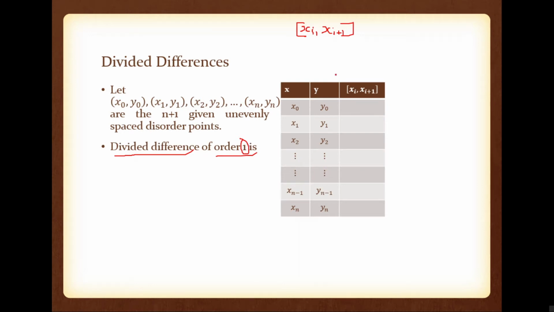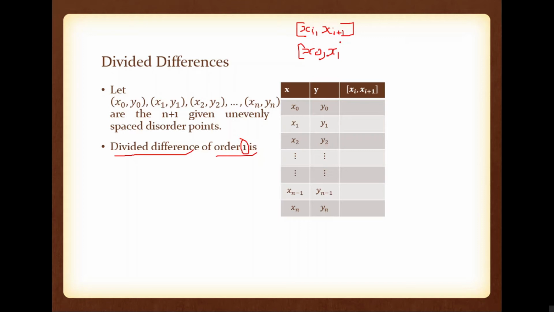So first we are going to discuss the first order divided difference. That is xi comma xi plus 1 inside the square bracket, meaning two adjacent points, where i is from 0 to n minus 1. We are starting from the first point. It is similar to the forward finite difference. We are starting from the first number. So what is x0 comma x1?